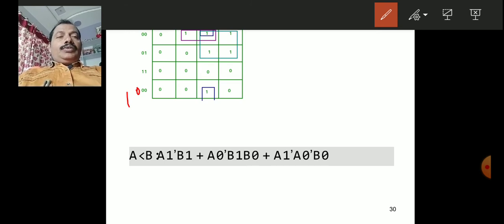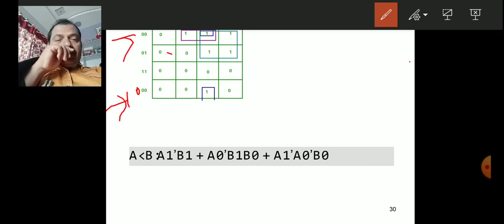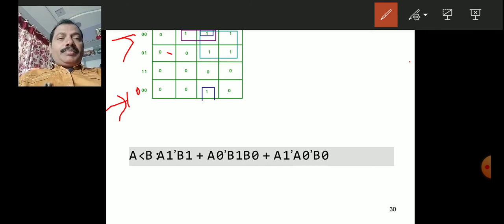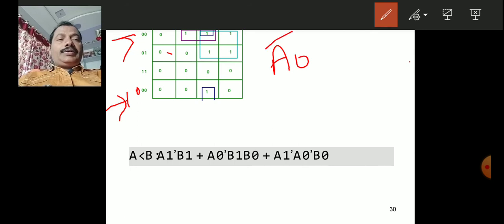No, you observe here, this is 0 0 1 0, 0 0 1 0. So 0 0 1 0 means A1 is changing, A0 is not changing. So A0 bar, you have to take A0 bar, because for these two rows we have to consider only A0 bar.